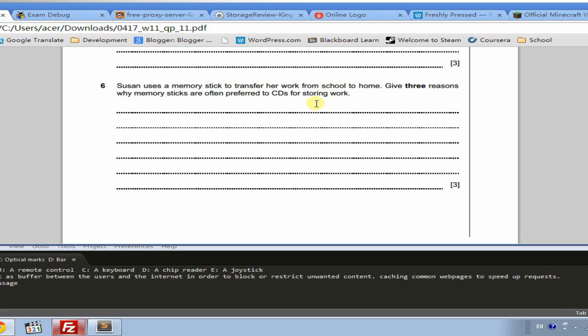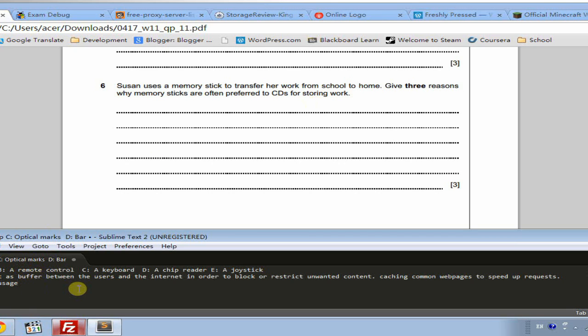So there are a whole bunch of answers that we can have here, but let's stick a few of them down. Probably the best one that comes to mind is that USB drive, I'll use the correct terminology, memory stick, is less likely to be damaged.